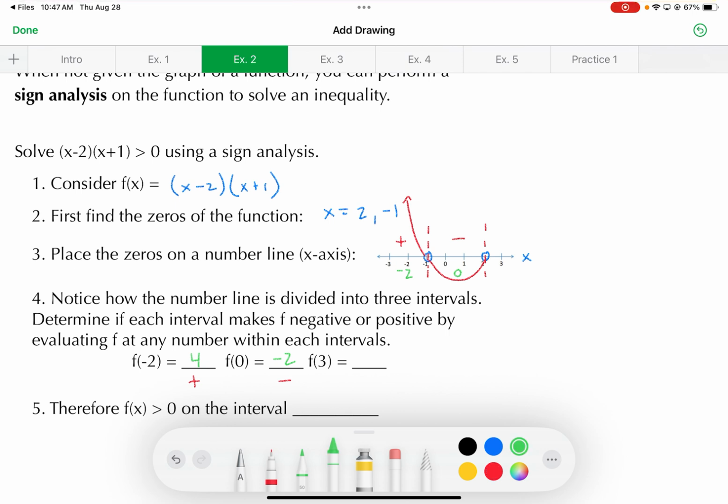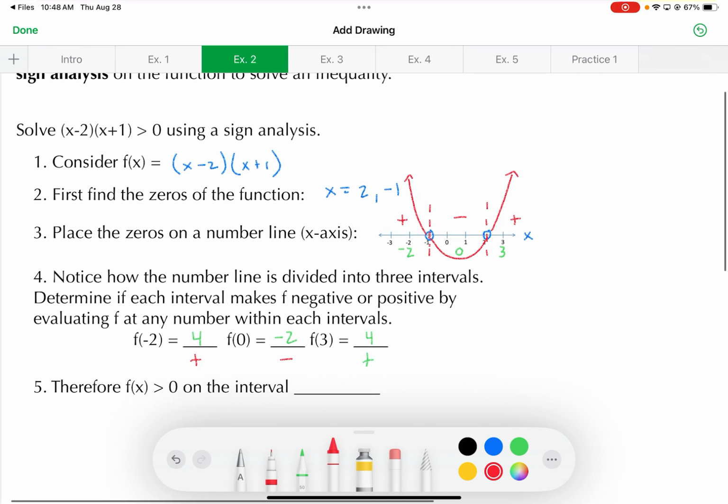And then we pick one final value out of the rightmost interval. I'd probably choose 3. Plugging that into the function, it'll produce 1 times a 4, so another 4, which is positive again. So I put a plus sign there. And again, that means I'm above the x-axis. Okay.